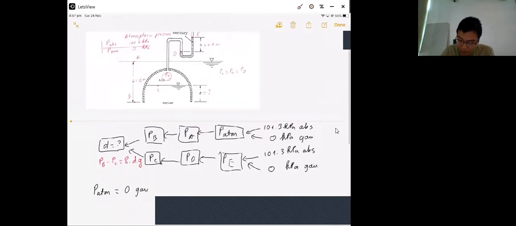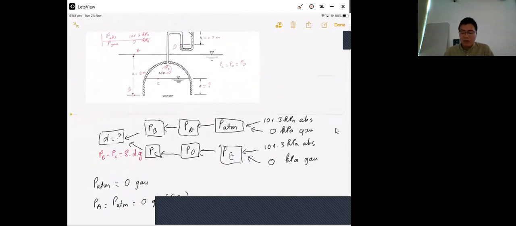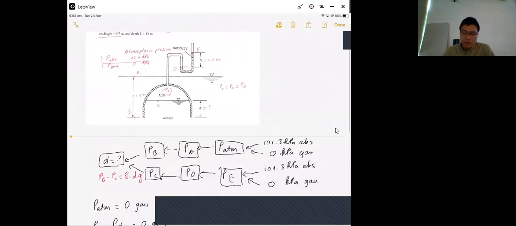So we have atmospheric pressure already, and PA will be equal to atmospheric pressure, 0 gauge, 0 kPa. We said that we use gauge pressure already. PA on the water surface is equal to atmospheric pressure.